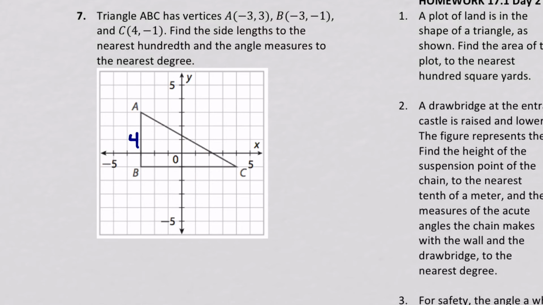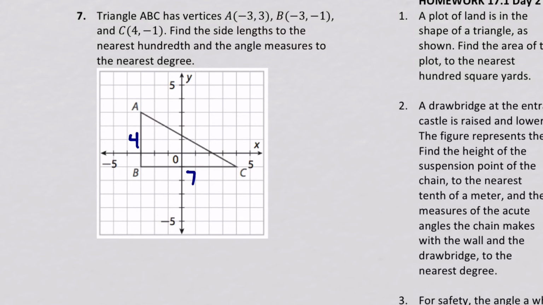Side BC, same thing. And by the way, this is only easy because it's a vertical line and a horizontal line, right? You can't just count squares on a diagonal line. So side BC is going to be 1, 2, 3, 4, 5, 6, 7. Just 7. Side AC, not so easy, okay?